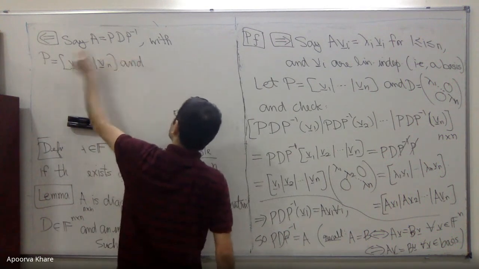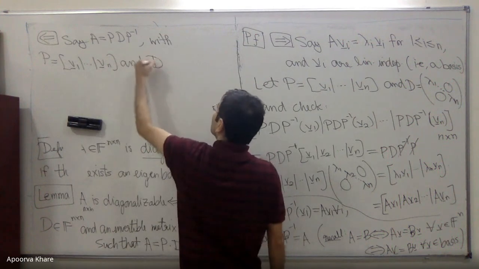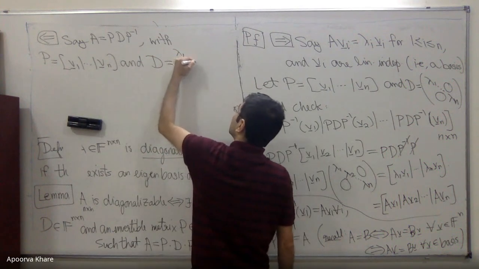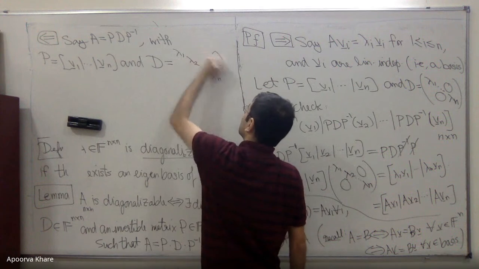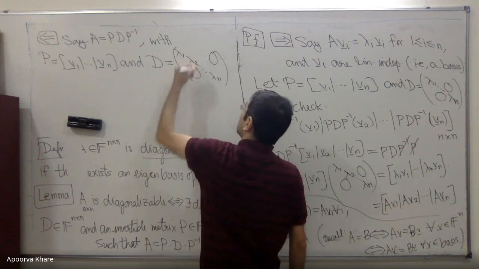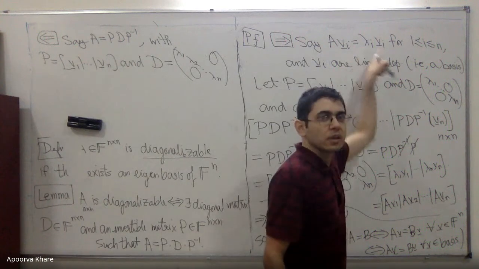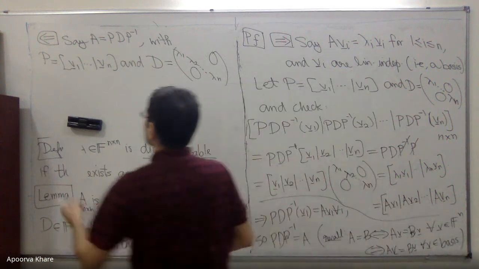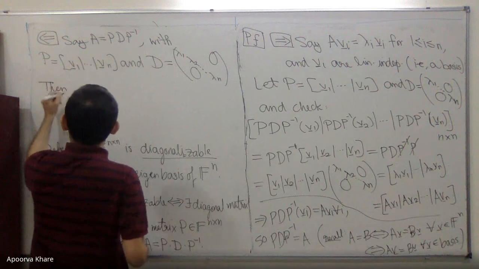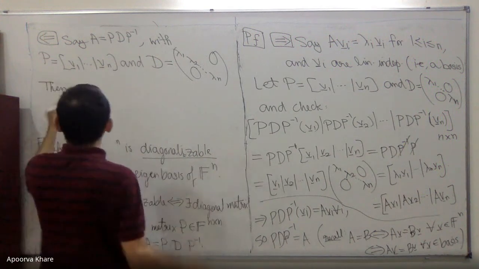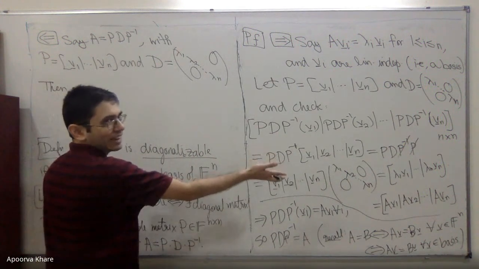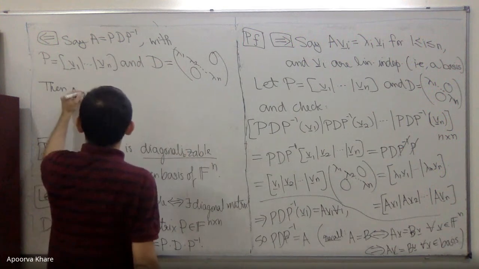Again write P with the columns and D with the diagonal entries. And now, of course, I'm going to claim exactly this happens. Let's check. I'll again check it in the same way. It's basically the exact same calculation done in the reverse order.